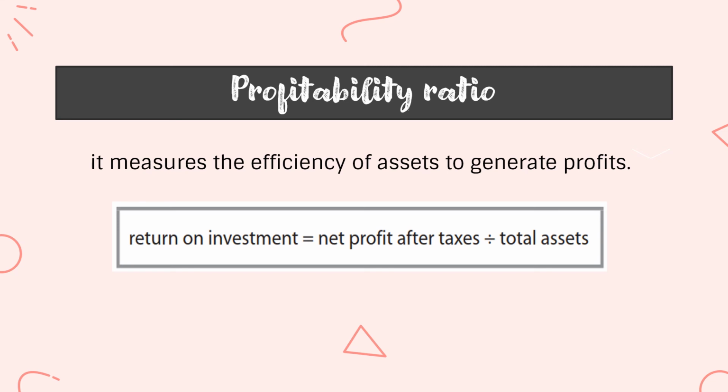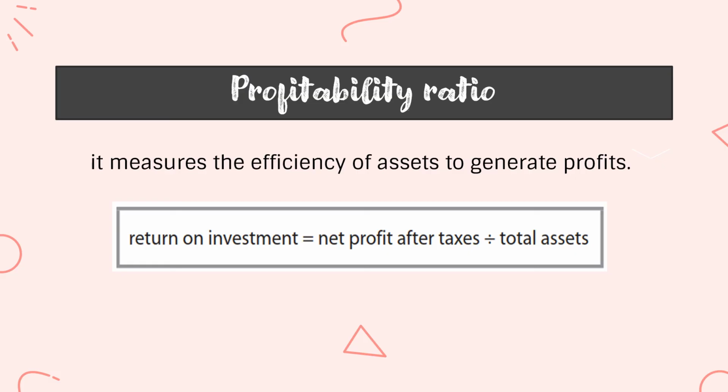So another one under profitability ratio is the return on investment. It measures the efficiency of assets to generate profits. Ito yung parang in return of the investments or of the assets, kung magkano yung mapoprofit natin doon or ma-generate nating profit.